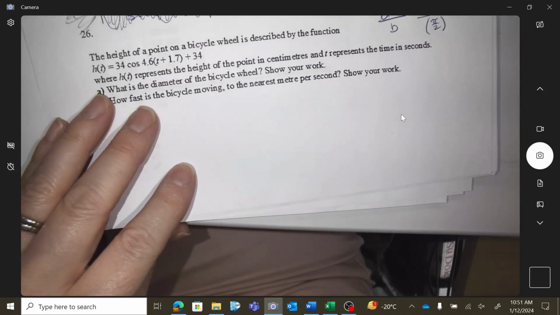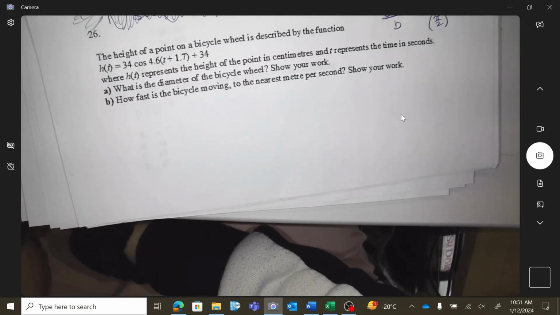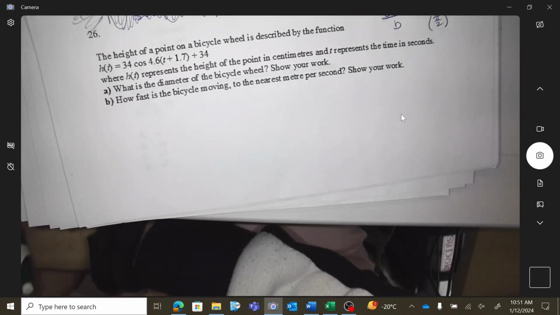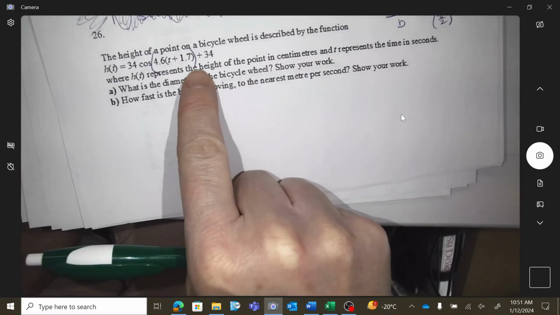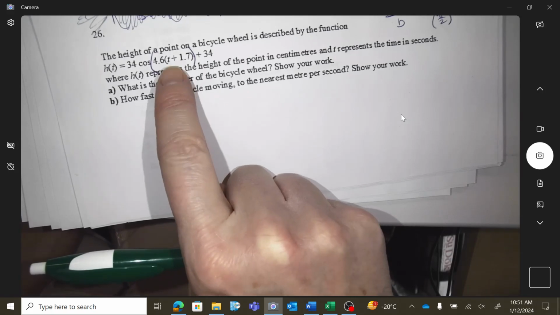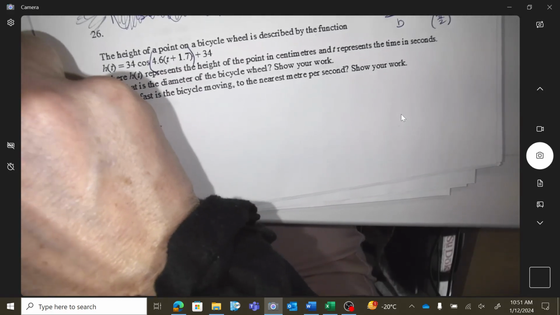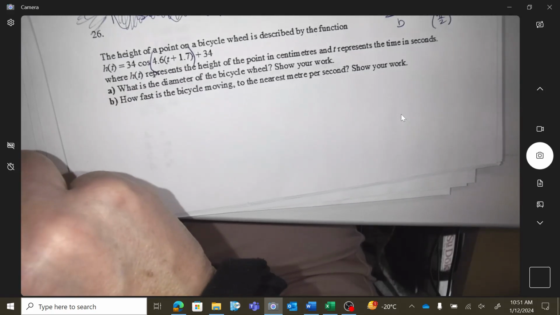Okay, this is a bike wheel. Okay, so let's practice typing. You would actually need double brackets like that in your calculator. So let's do a practice again, because these ones are tricky.